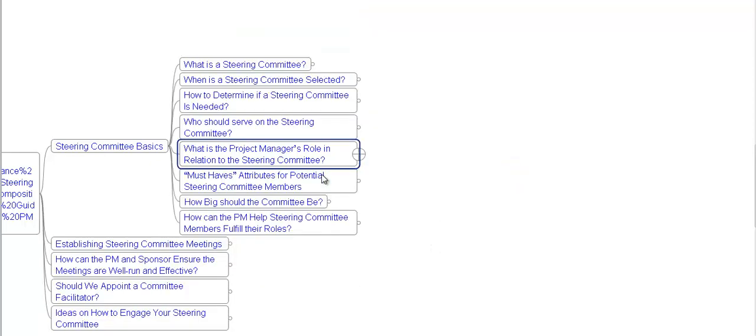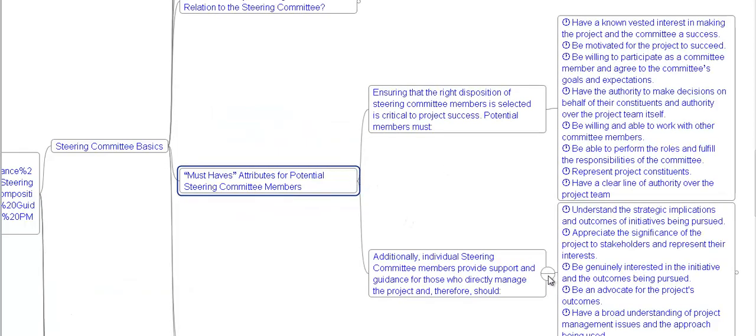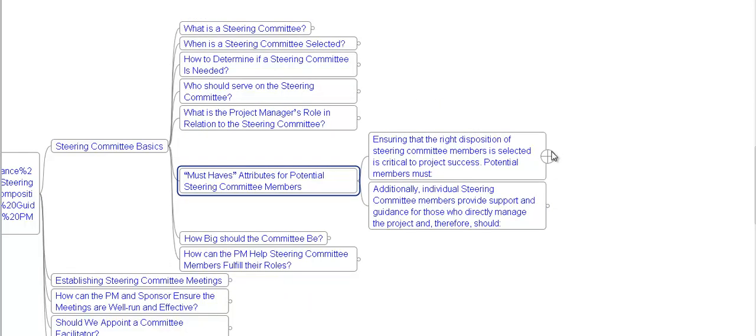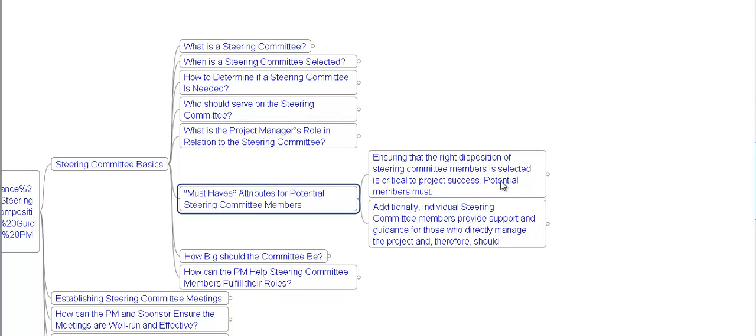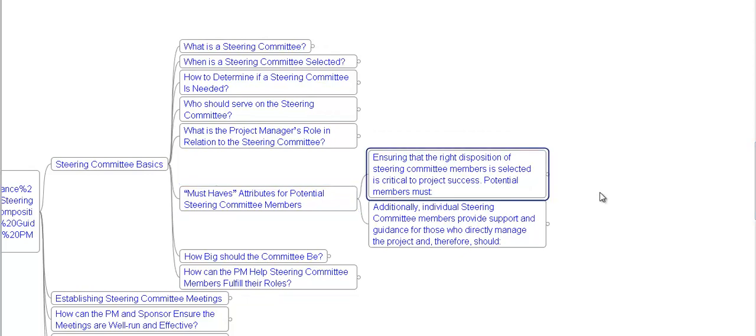Must-have attributes for potential steering committee members. Ensuring that the right disposition of a steering committee member is selected is critical to project success.